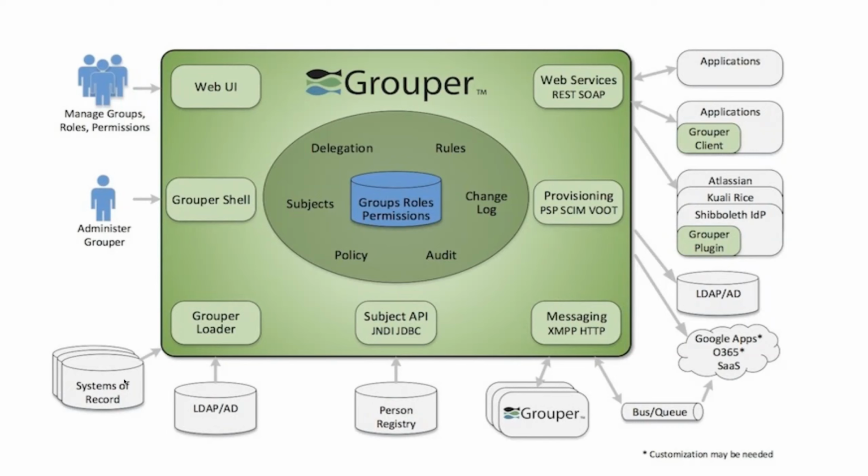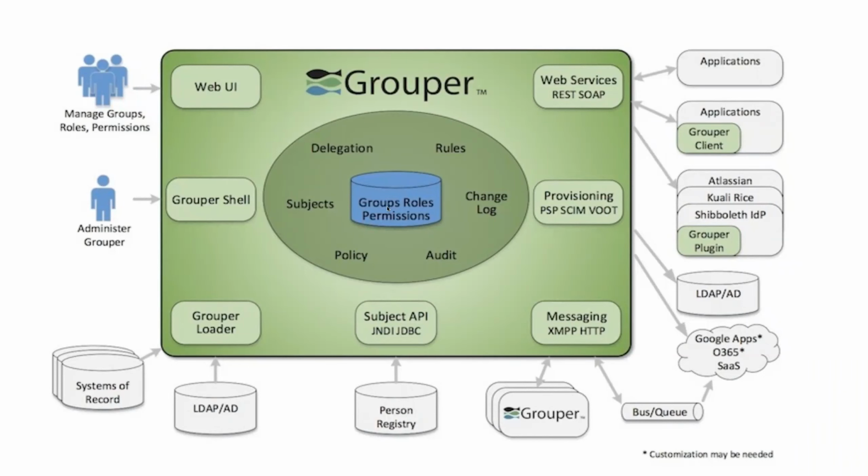This is what reaches out, as I said, to systems of record, whether that be an SQL database or an LDAP database, grabs that information and converts it to groups, roles, and permissions. At the very core of Grouper, groups is the thing, but there are other things such as roles and permissions that have not been really used a lot at CU Boulder.